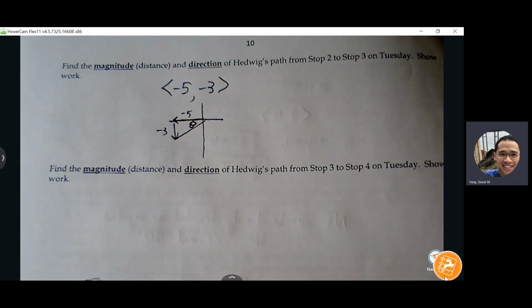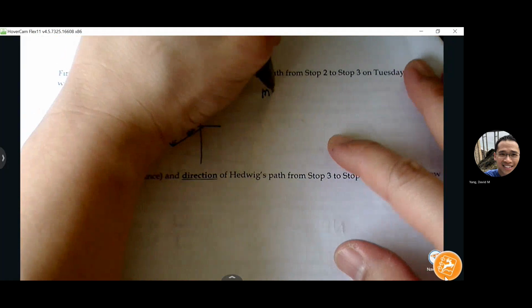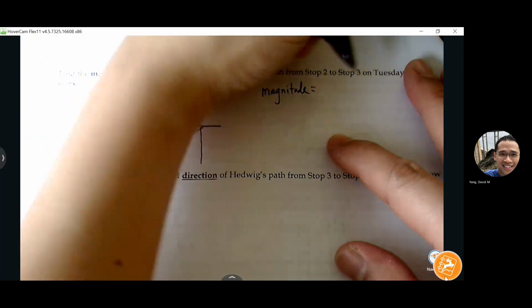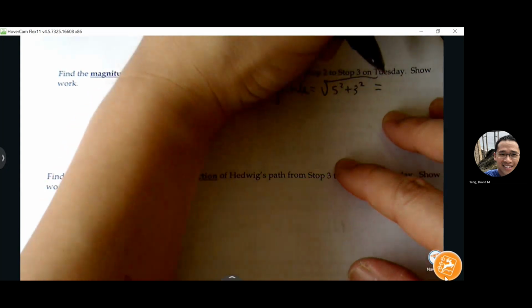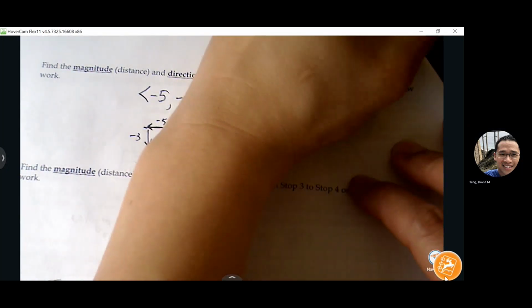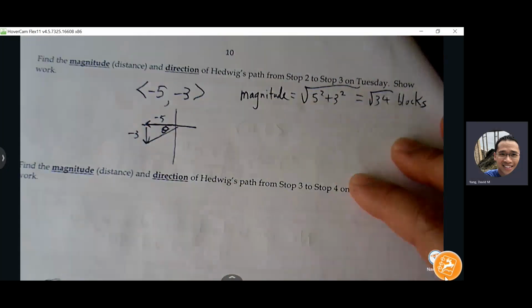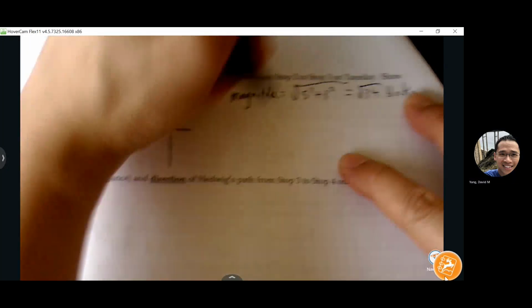Okay, magnitude and direction. Plus 9. Yeah, our units is in terms of blocks, so root 34 blocks.